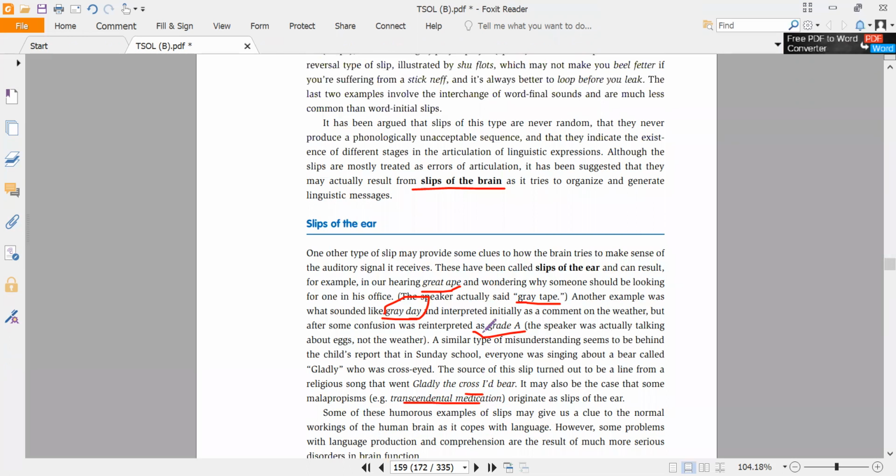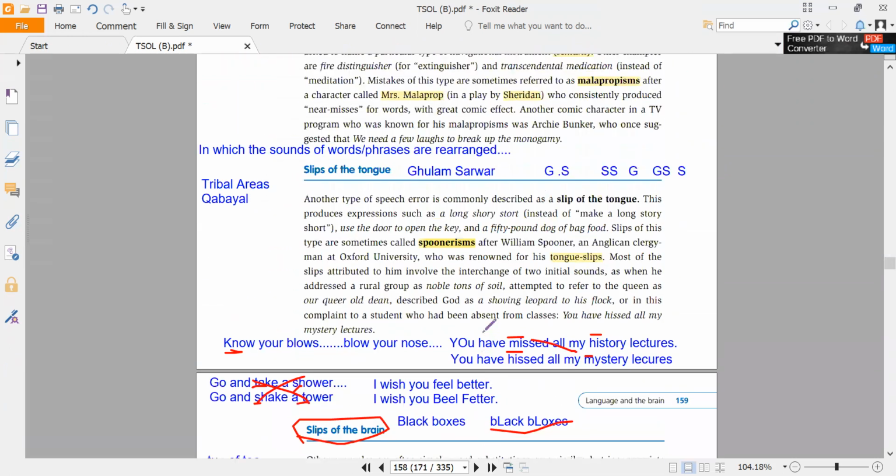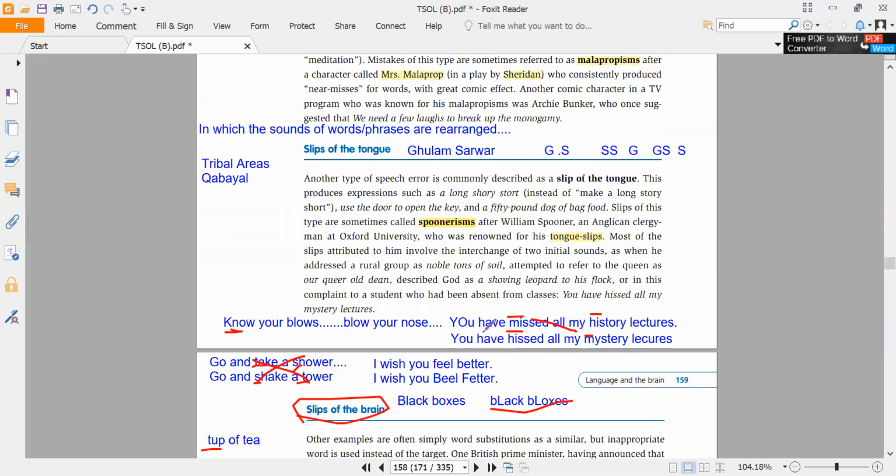Now remember one thing: these slips of the air and slips of the tongue are actually due to similarity of pronunciation. When two words have similar speech sounds and a similar number of syllables, some sort of misunderstanding may take place during the production or perception of speech sounds, which is slip of the tongue or slip of the air.